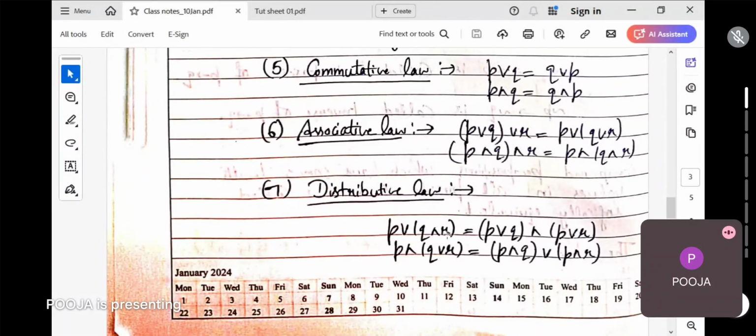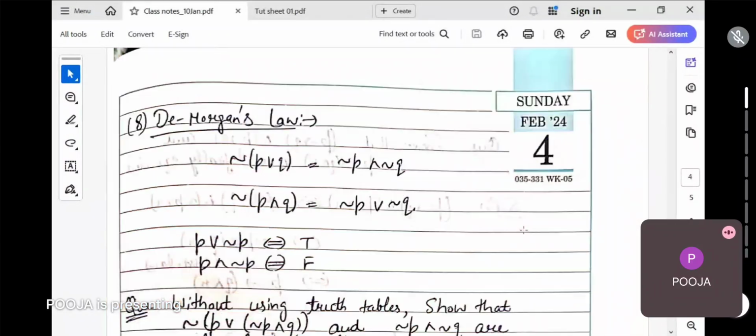If I want to apply disjunction over conjunction, the left hand side says firstly operate q and r, then operate with p, and the right hand side says firstly operate p and q, then operate p and r, and then operate both. This is the distributive law. So disjunction and conjunction are distributive over each other.